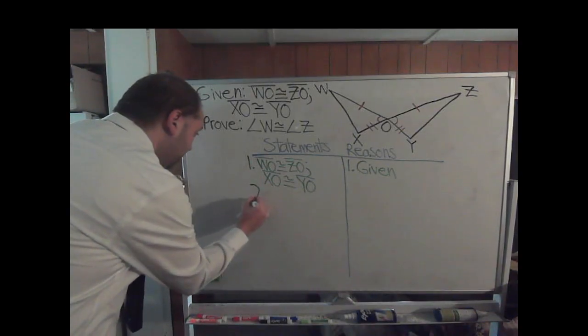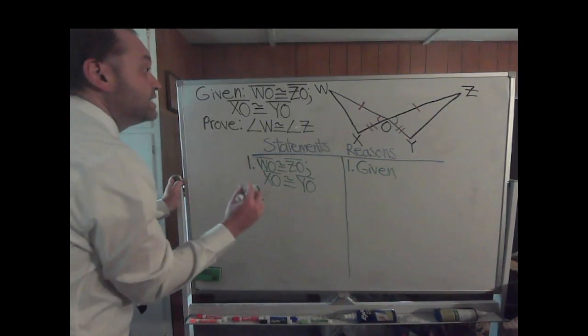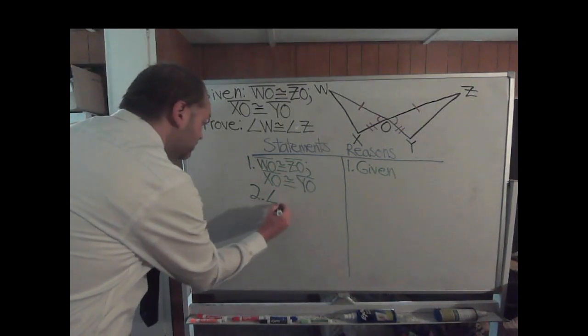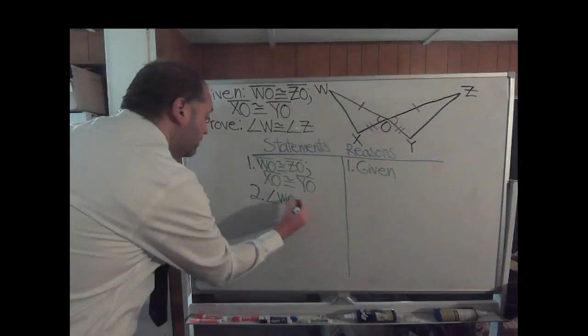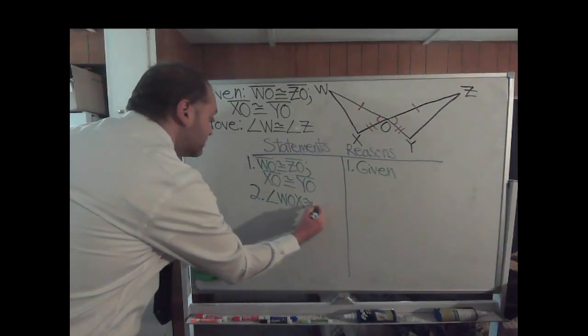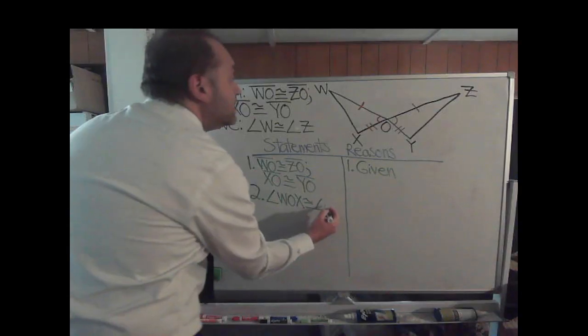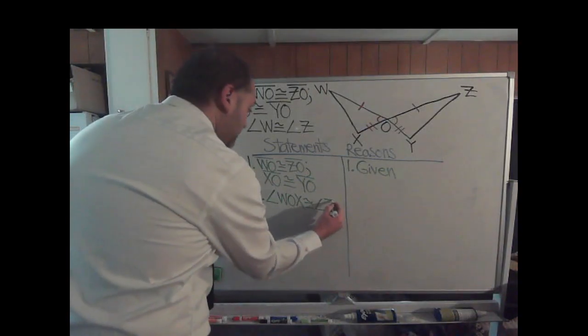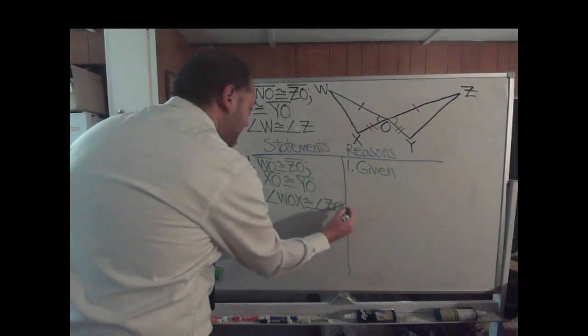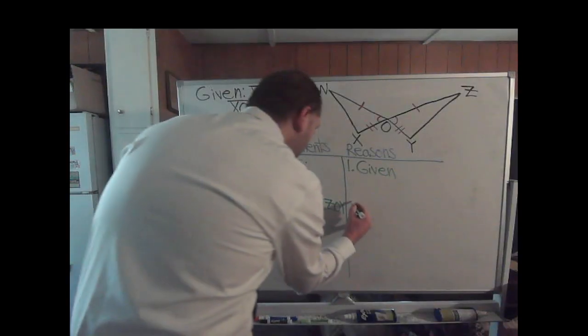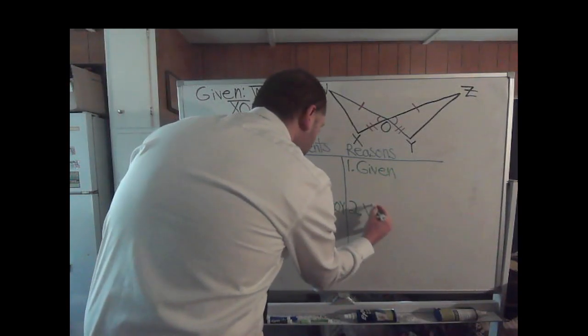So that means here we can say that angle WOX is congruent to angle ZOY. That can be said by vertical angles are congruent.